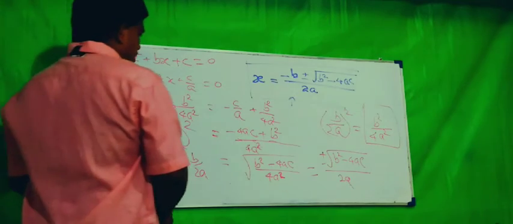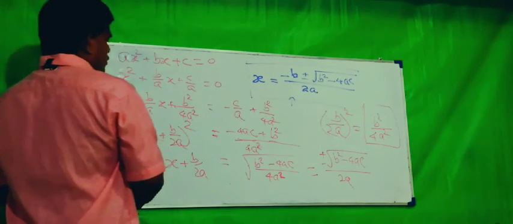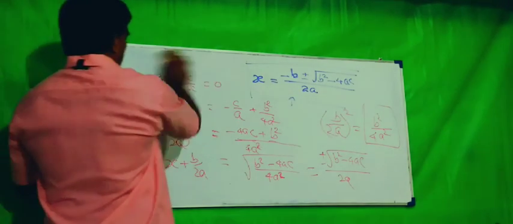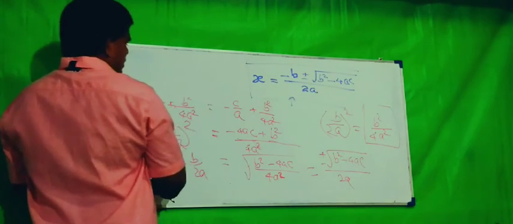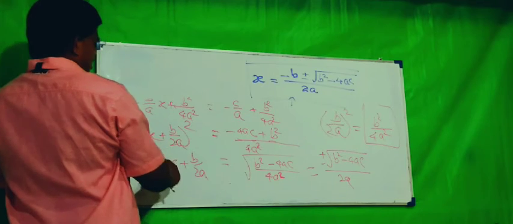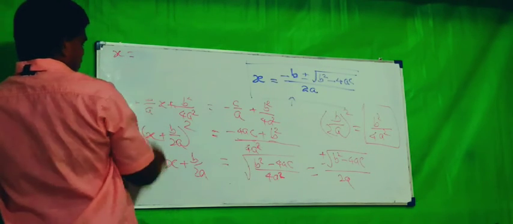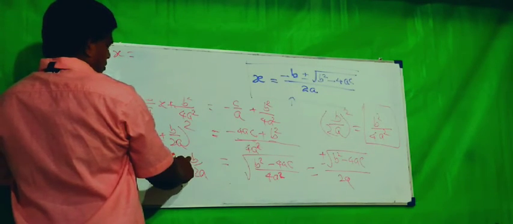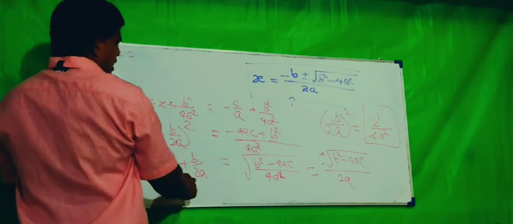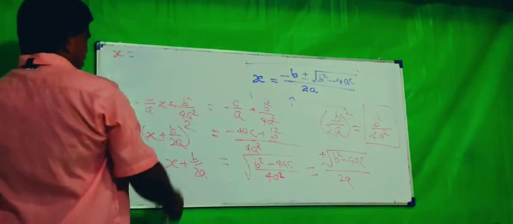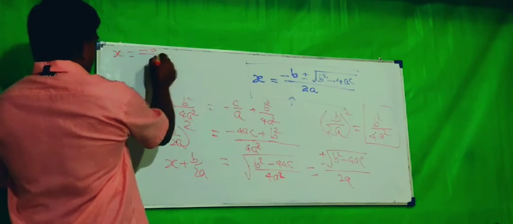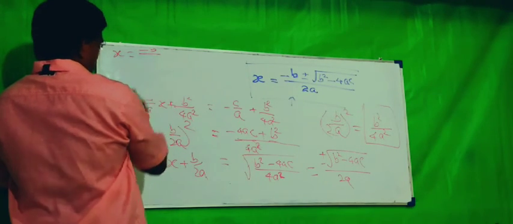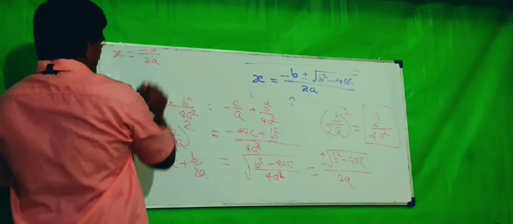And now x can be the subject in the next step. This b upon 2a is moved to the other side, then minus b upon 2a.